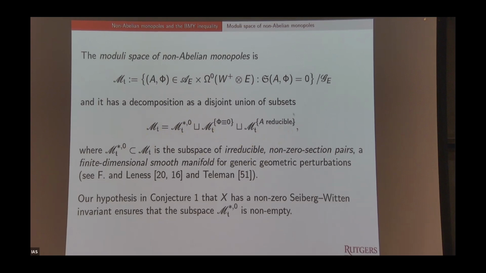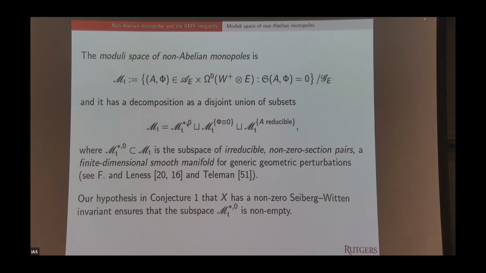And one of the ways in which we use the non-zero Seiberg-Witten invariant is to say that this big middle piece, and I'll give you a picture in a moment to illustrate why it's big, is non-empty. That's how we use the non-zero Seiberg-Witten invariant hypothesis.